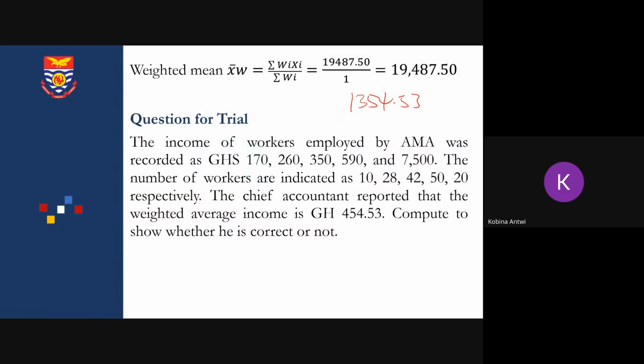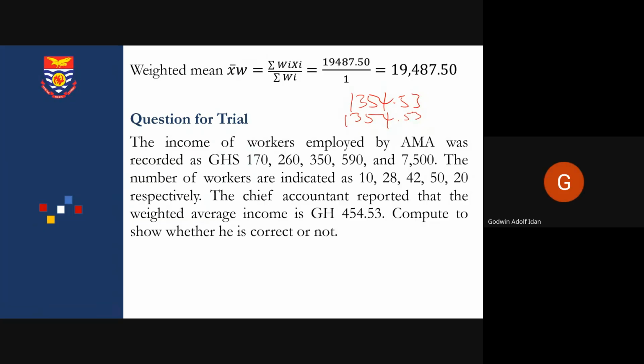I had 1,354.53 as well. Yes, sir. I saw a hand up. Are we all getting the same figures? Yes, please. That is it.